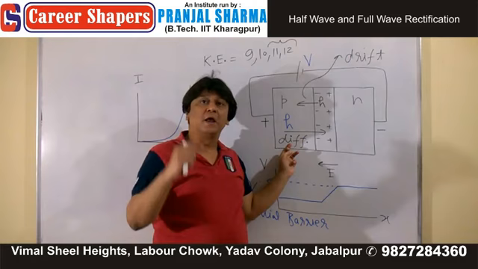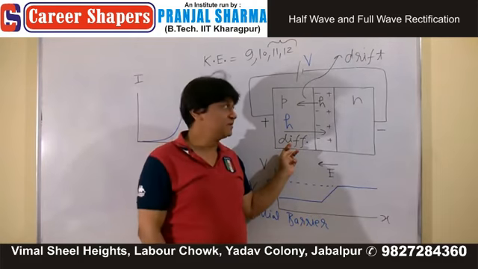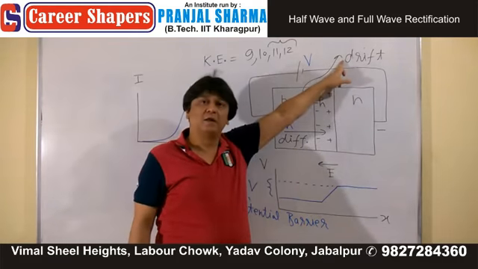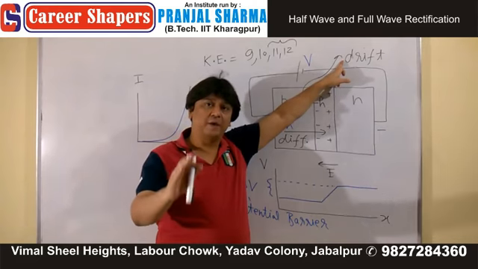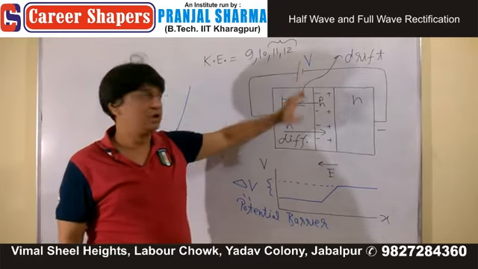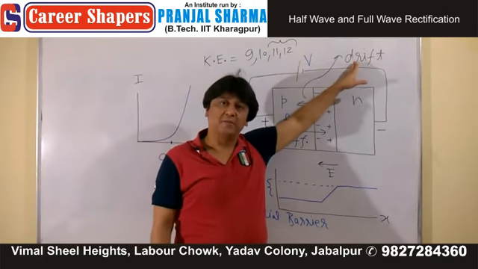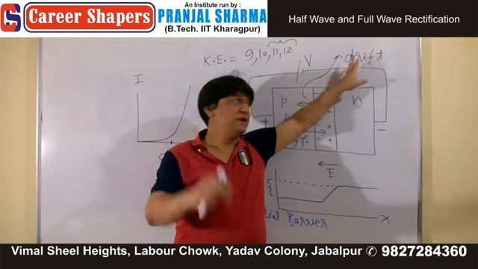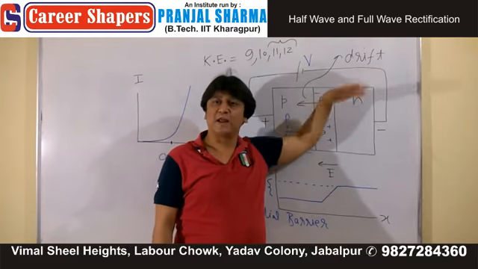Diffusion current. And I told you in the last class itself that drift current does not depend upon external voltage. It remains the same. This drift current depends basically on the temperature.